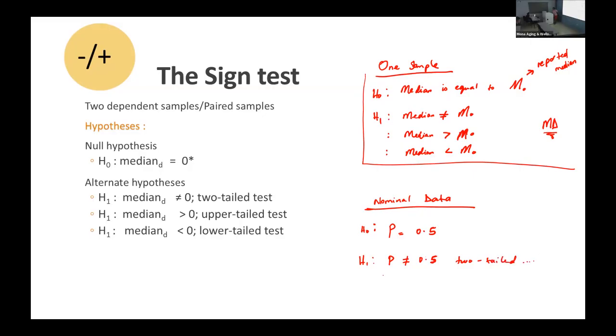I am going to allow you to think about the upper tail and the lower tailed hypotheses. No, not yet. At the end of the class, we'll come back to it.